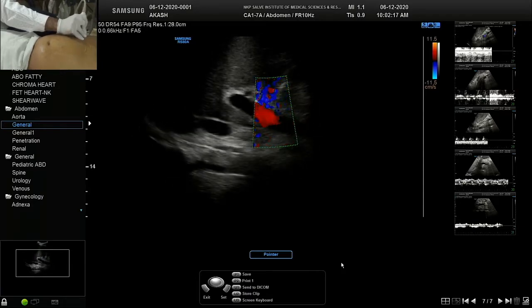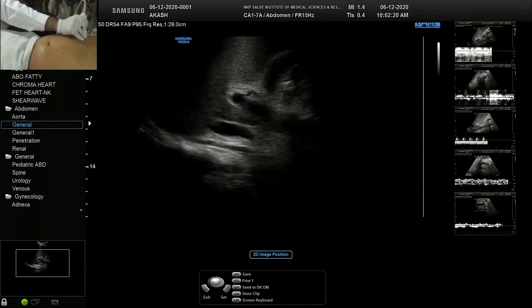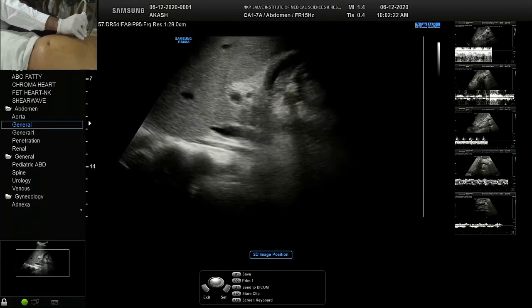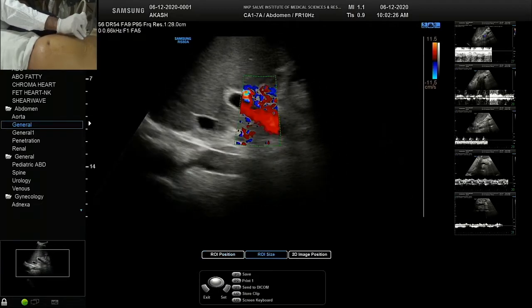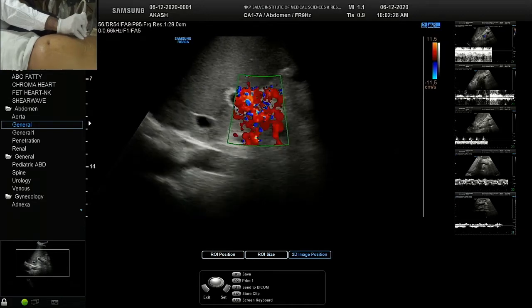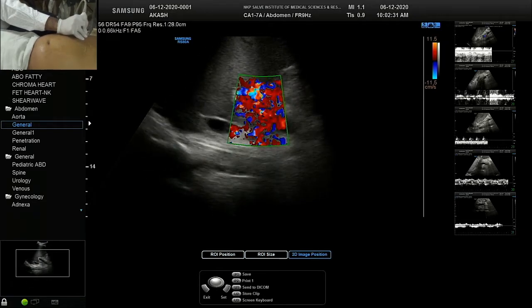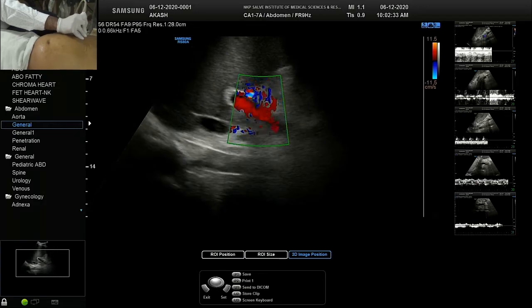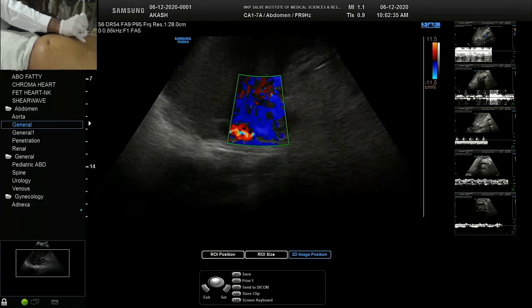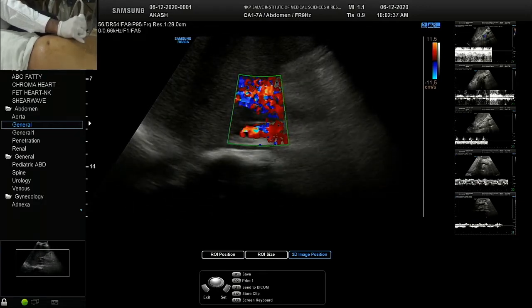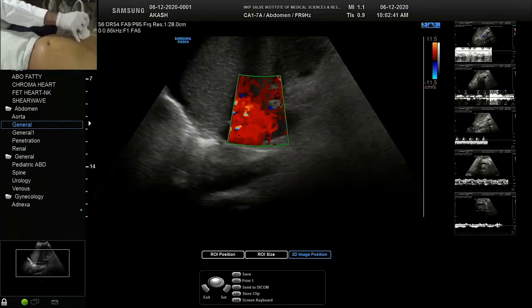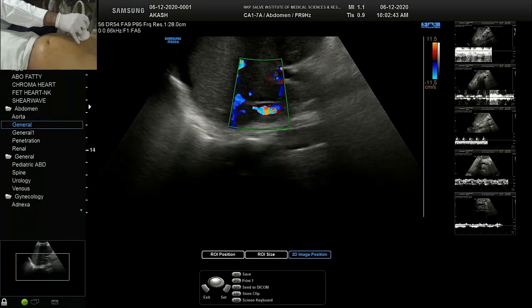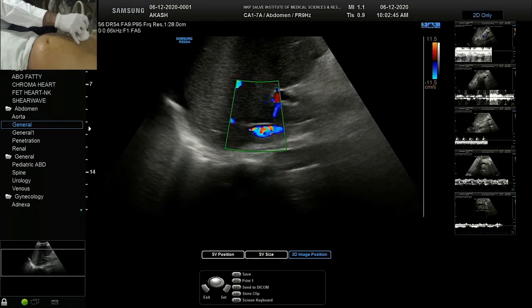If you see, that is the portal vein, and if you put color here, there is the hepatic artery above, and that is probably having a very high flow, and that is mixing up with the portal vein flow. So for the portal vein here, I'll reduce the box size again, whatever possible.